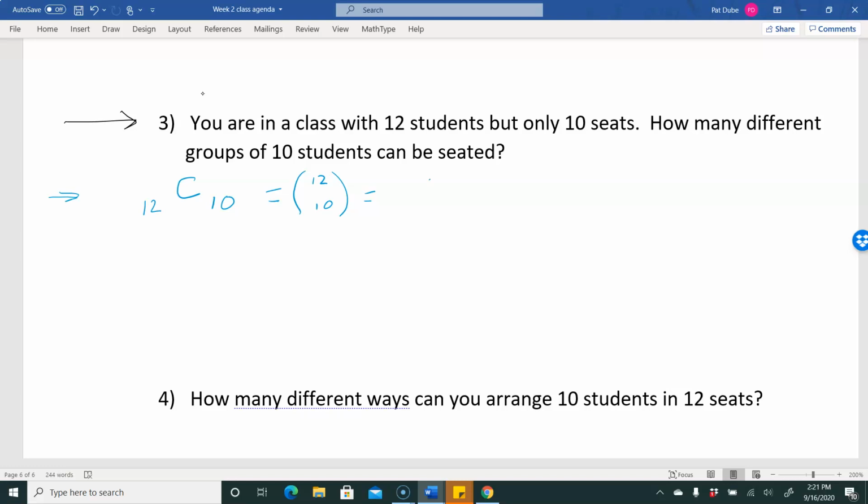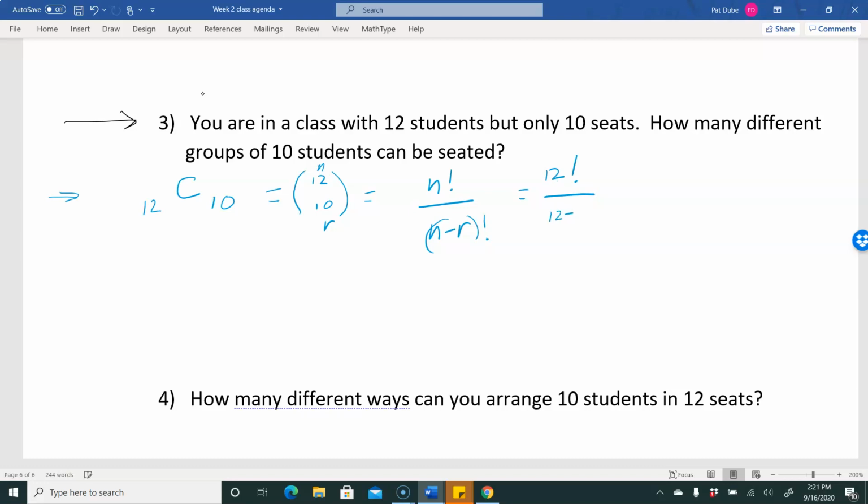This formula here: n factorial over n minus r factorial. So n is the 12, r is the 10. So this is 12 factorial, and it's not over the 10 factorial, it's over what's left.